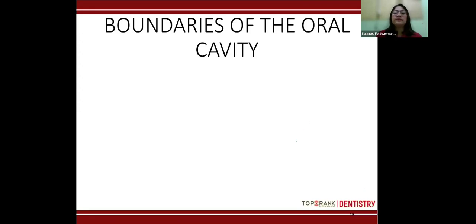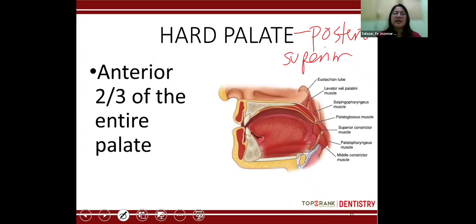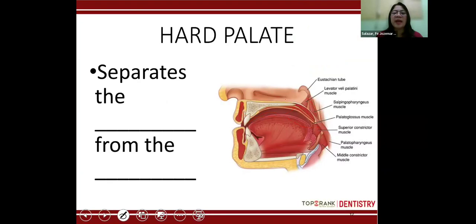For the superior boundary, we have the hard palate. The hard palate is the anterior 2/3 of the entire palate. This is your entire palate, and this is your hard palate. So it makes up most of your palate, 2/3 of your entire palate.